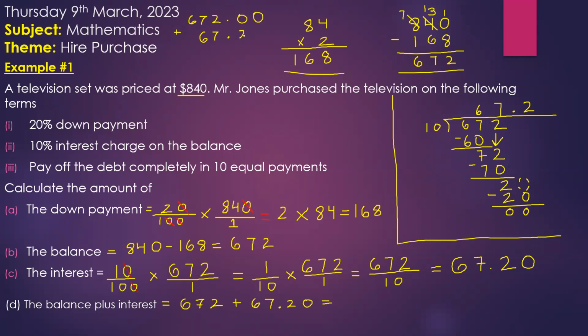We're trying to add them. 0 plus 0 is 0. 0 plus 2 is 2. 7 plus 2 is 9. 6 plus 7 is 13. And 6 plus 1 is 7. So the answer is $739.20.